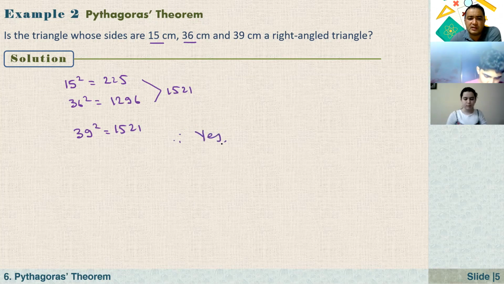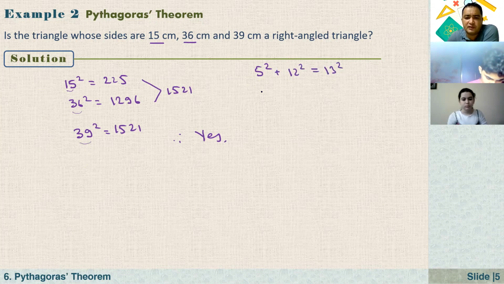Those numbers can be the sides of a right angle triangle. In a simpler way, these are big numbers. Also, 15 is 3 times 5, 36 is 3 times 12, and this one, 39, is 3 times 13. That's another way, because we know that 5 squared plus 12 squared is equal to 13 squared.